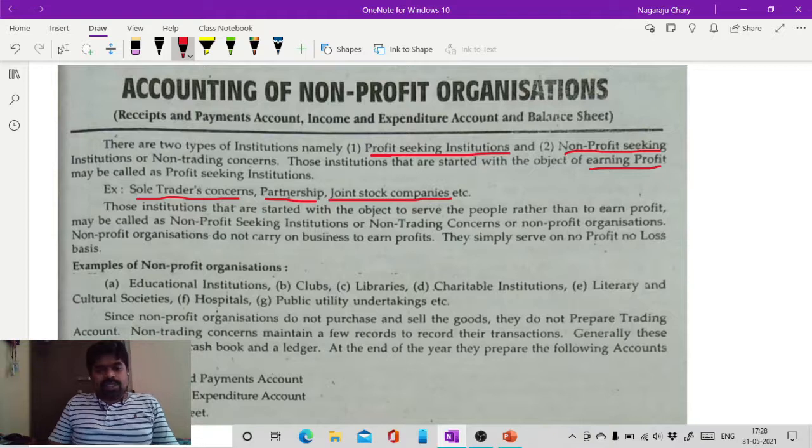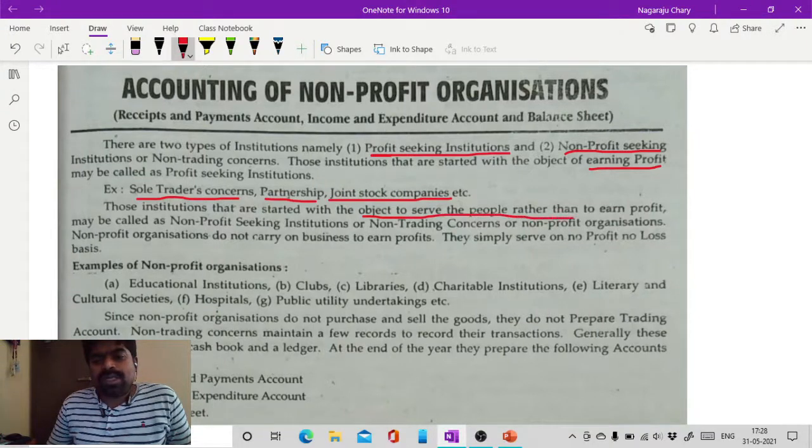Where the service motto is the main objective, that is a non-profit seeking institution. The objective to serve the people rather than to earn a profit is known as non-profit seeking. At the end of the year, all the accounts are to be prepared. Based on that we will discuss.